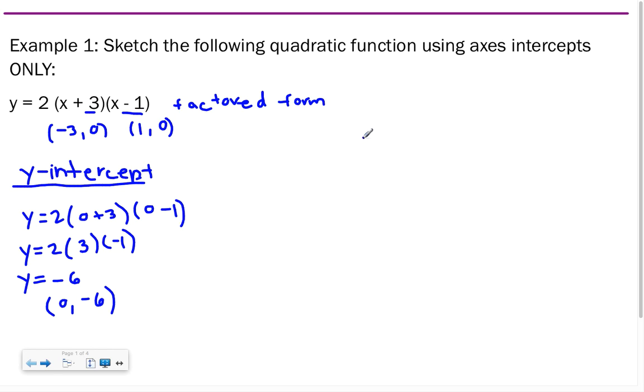So putting all these pieces together for doing a quick sketch, we need to draw our y-axis and our x-axis. Probably we want our y-axis to be a little bit longer here. We put our x-intercepts on here, so we know it's going to go through at -3, and it's also going to pass through the x-axis again at +1. And our y-intercept is going to be at (0, -6).